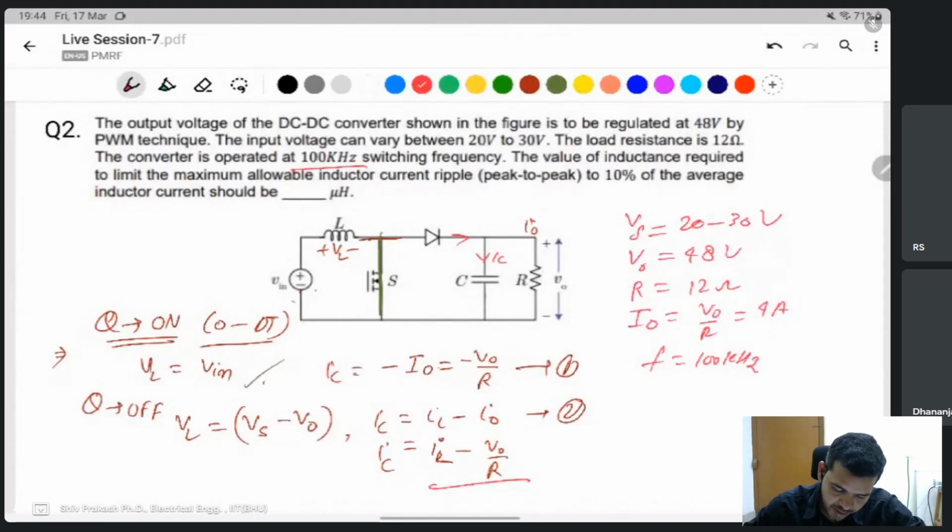The value of inductance required to limit the maximum allowable inductor current ripple to 10%. When delta IL is equal to 10% of IL is the condition.